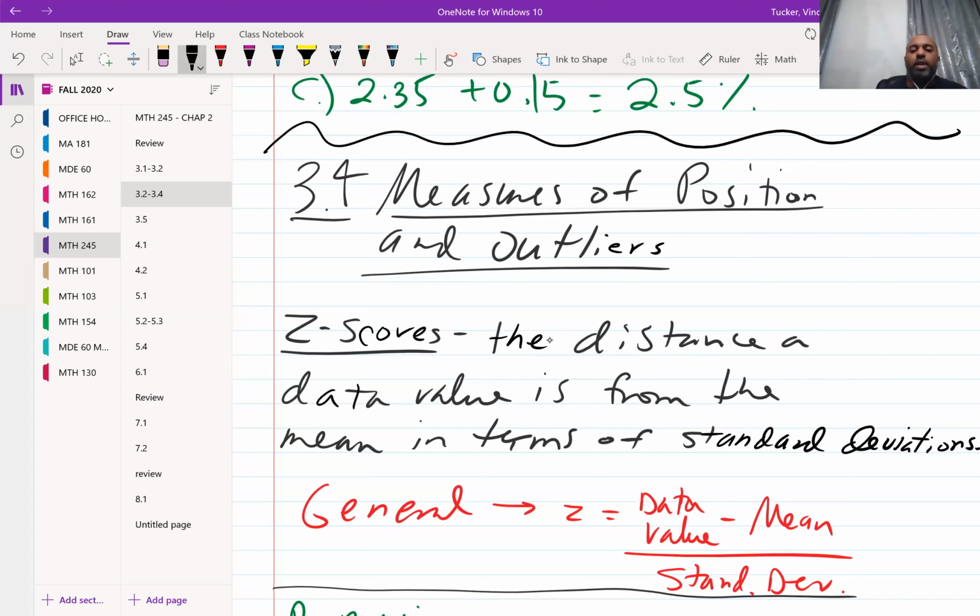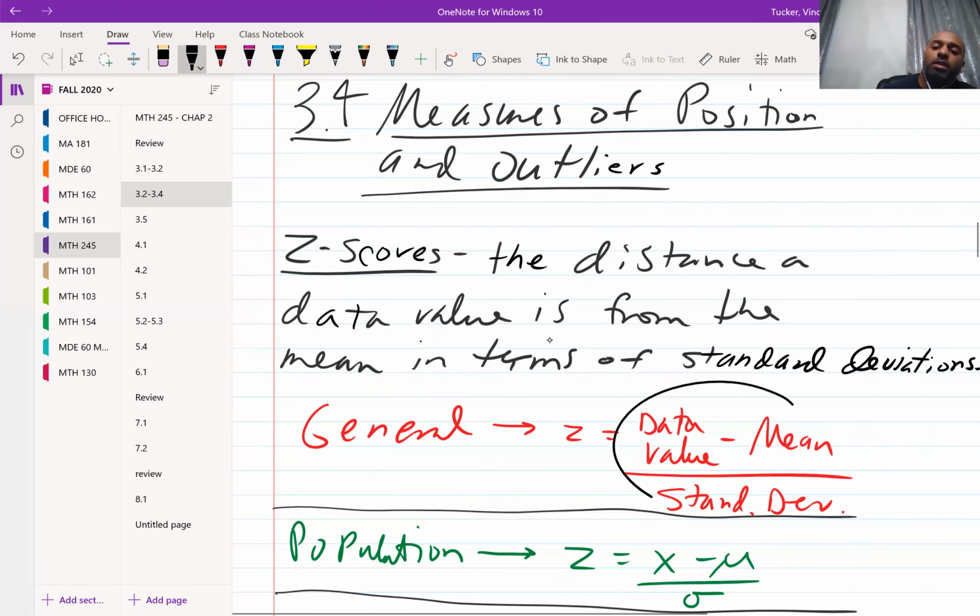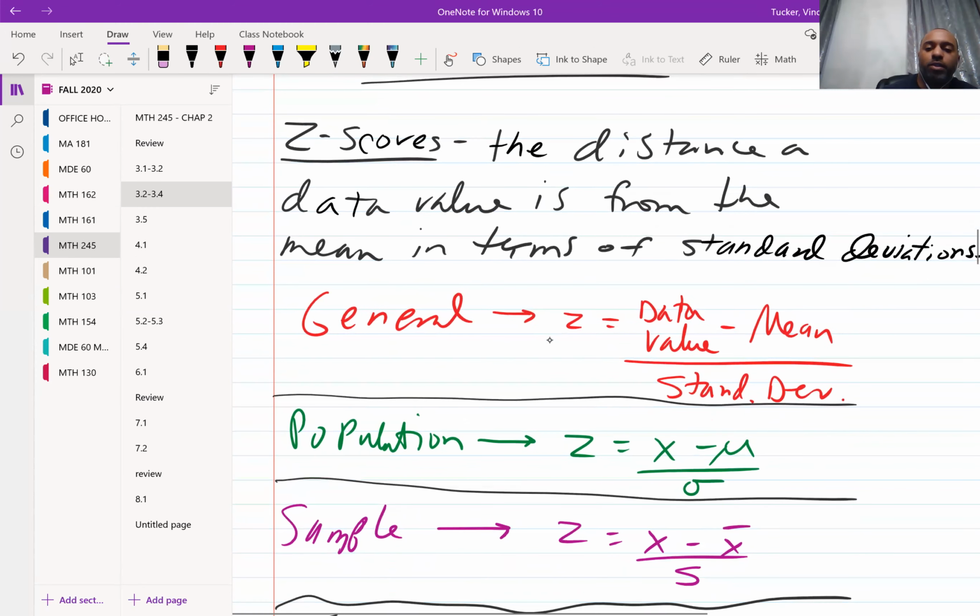All right, so the way we'll calculate our z-scores, the general formula is right here: your data value minus the mean divided by the standard deviation. Now if you're using your population versus your sample, you had different symbols. Remember we talked about that last class. Notation would be different, but the format or the setup will be the same.